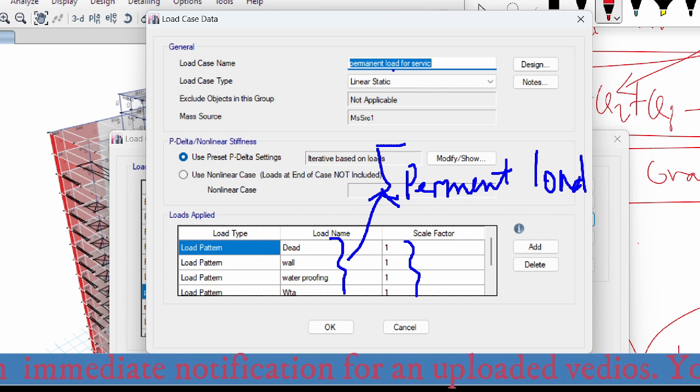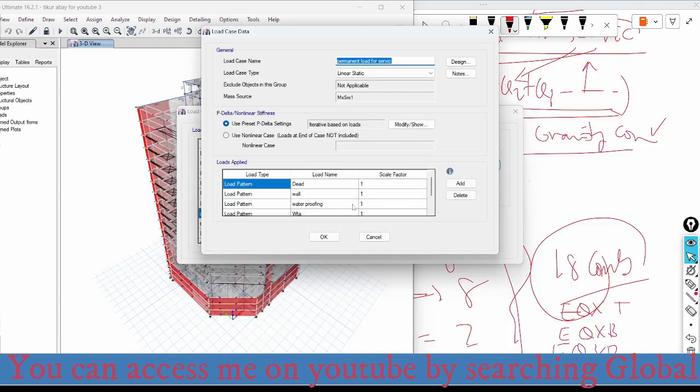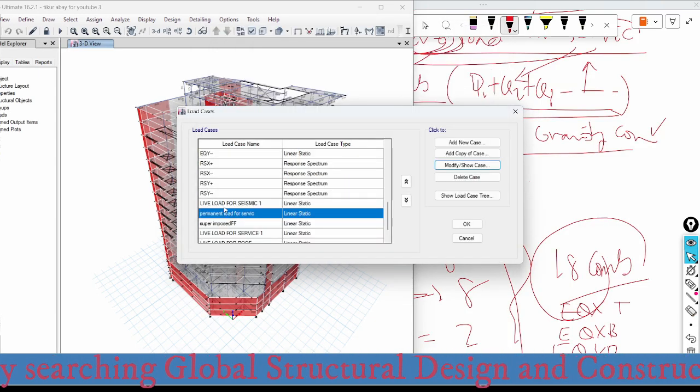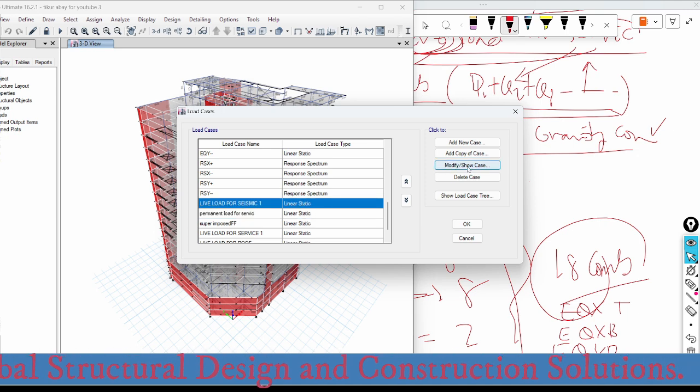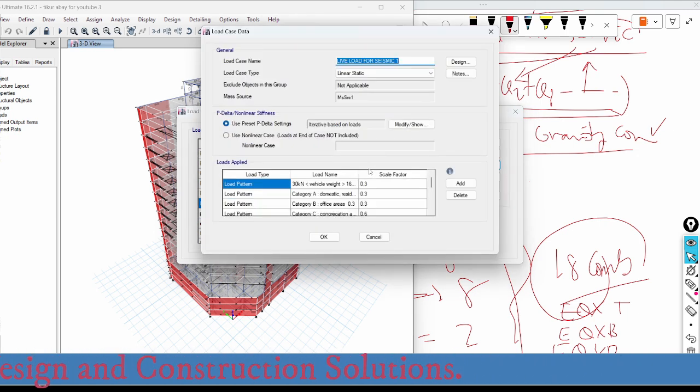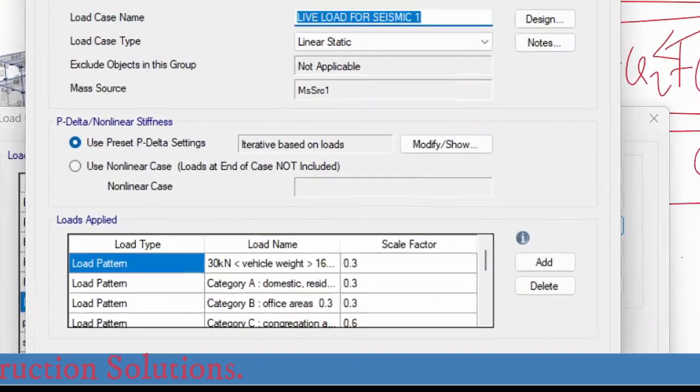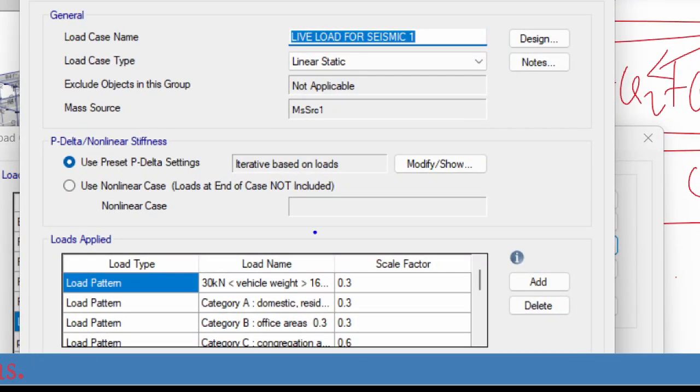That is why that is permanent load for service. Name is provided for this one. And the other is the live load for seismic. That is modify the live load for seismic.